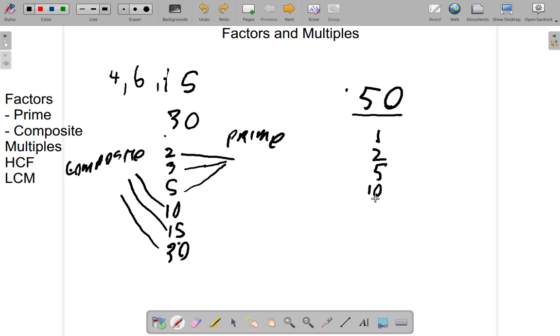What was the next one? 25. Okay? These can all divide into 50 without leaving a remainder. See, 2 times 2 times 25 will give you 50. 3 won't work, 4 won't work, 5 will work.